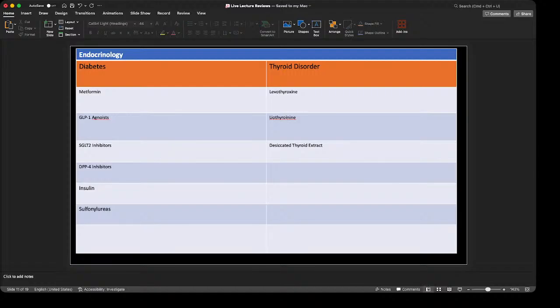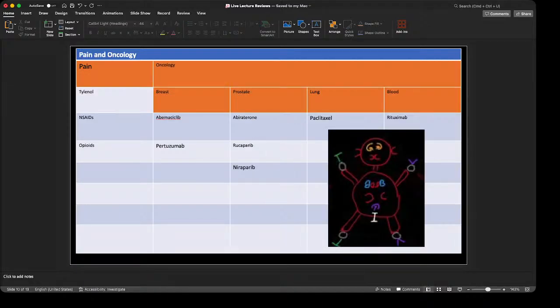Then let me go back for a minute. I think with rituximab, you should at least understand the CD30, or at least one of those, and paclitaxel. Also understand bleomycin for the lungs as well.